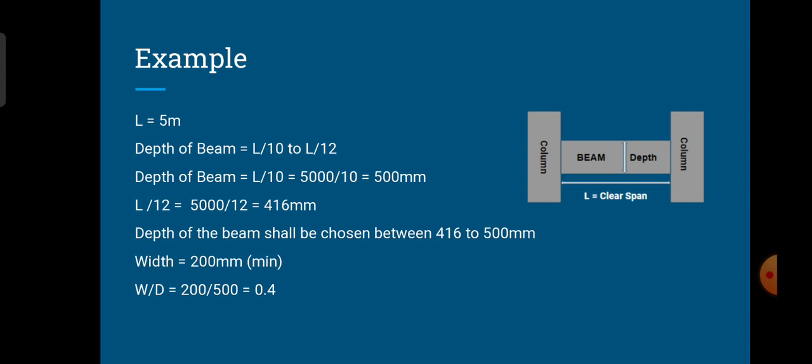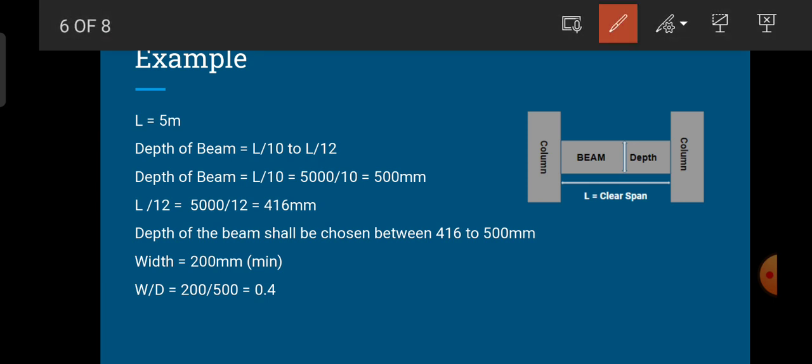In the previous example, taking L equal to 5 meters, I got the depth of the beam between 416 to 500 mm. I want to find whether this width by depth ratio is correct and matching on the safer side or not. So let me take the width as 200 mm, which is the minimum width as per the codal provision.